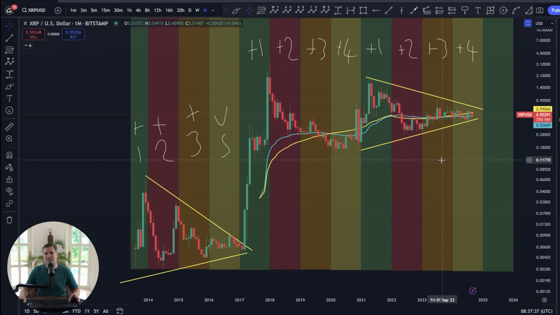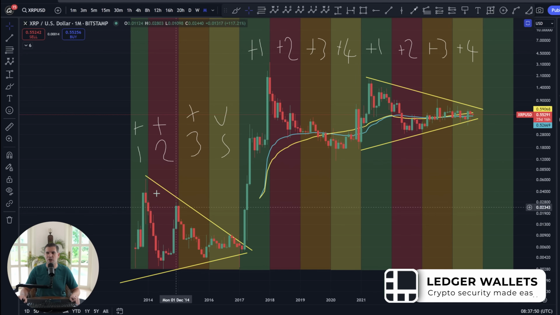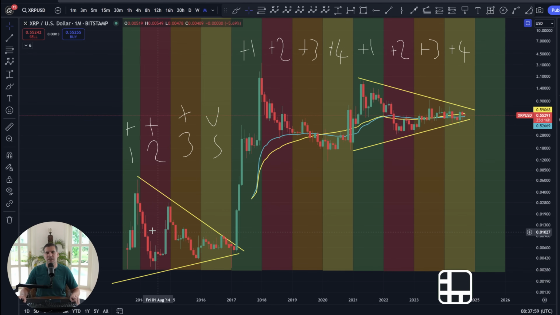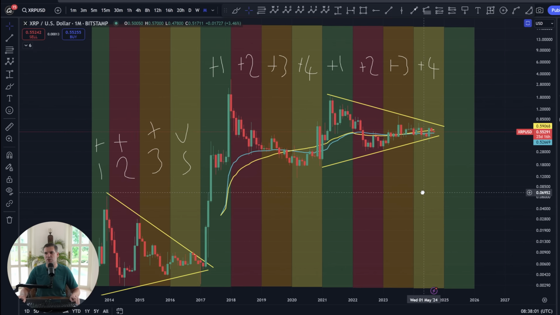But in a really simplistic approach to the market, we could take a look at how the US elections are impacting price action, and we can see here that we are likely to see a significant surge to the upside with the repeating patterns that we have seen historically as well, with these continuation patterns, these wedge patterns that you see inside the chart. Now, I'll probably do a whole video dedicated to what that looks like and the price expectation on that, so do watch out for that one.